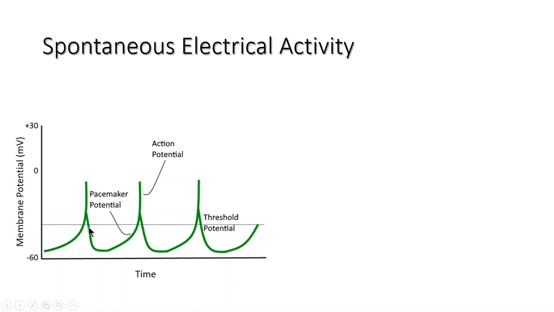Following repolarization, the membrane again begins to depolarize, so that a sequence of action potentials occurs, producing a rhythmic state of contractile activity. The membrane potential change occurring during the spontaneous depolarization to threshold is known as a pacemaker potential.